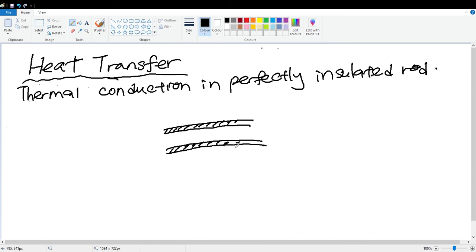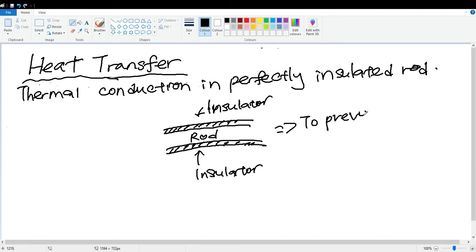So this is my wire, or I can say this is a rod, and this is the insulator which is wrapping the rod.